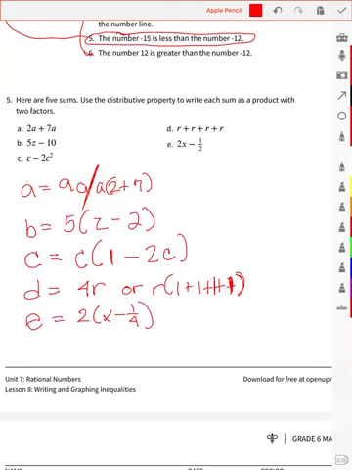So 2 times x would be 2x, and 2 times 1/4 would be 1/2. Or you could pull the 1/2 out and make that times 4x minus 1. So half of 4x would be 2x, minus 1, half of 1 is 1/2. Okay, that's the practice problems for lesson 8.